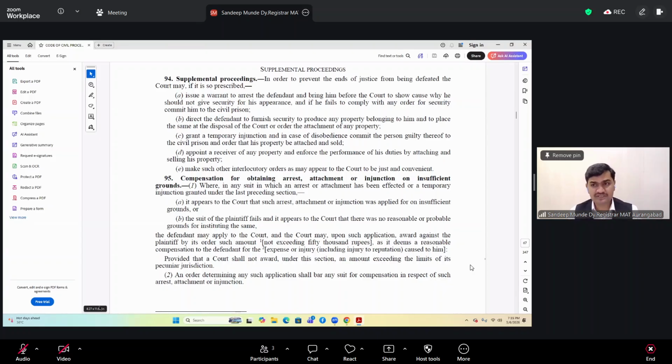So for what purposes can a commission be appointed? To examine witnesses, for local investigation, for scientific investigation, performance of ministerial act, and for the sale of movable property, and for all other purposes which have been mentioned under Section 75 A to Z, a commission can be appointed.